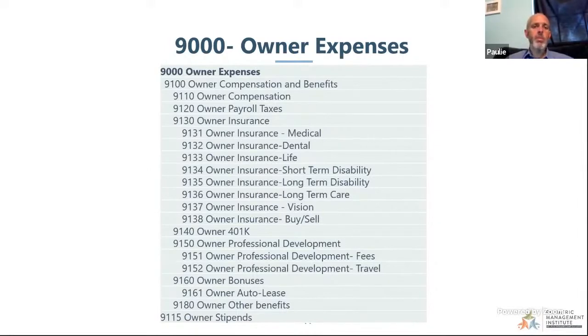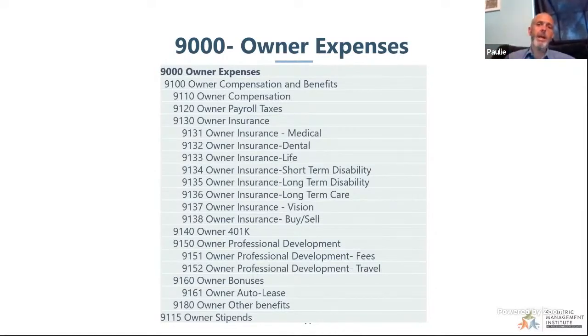What you'll notice is sometimes you will see a different line item, for example, Dr. Blanchard bonus, Dr. Vanchiere bonus, Dr. Vanchiere salary, Dr. Blanchard salary. You don't need those line items. You can put both of our salary expenses into one bucket of owner compensation, or 9110, and then we'll use a department or a class to remind us how much was spent for me versus her.